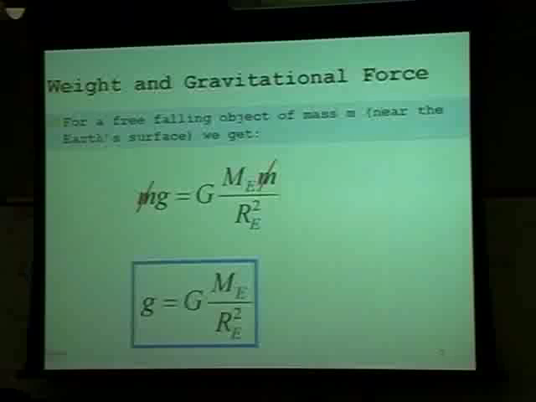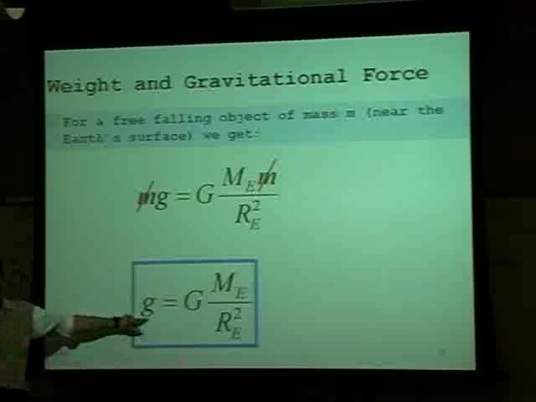That is equal to our gravitational constant, 6.67 times 10 to the minus 11, times the mass of the Earth, 6 times 10 to the 24 kilograms, over the radius of the Earth, 6.4 times 10 to the 6 meters squared. That's where our little g comes from.